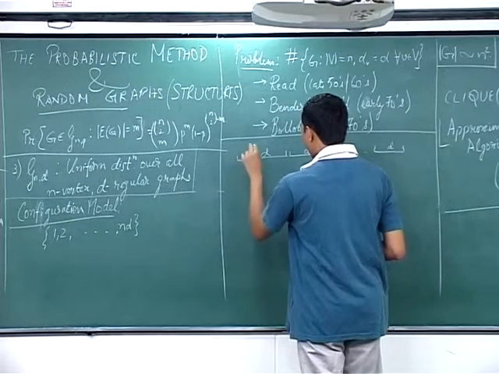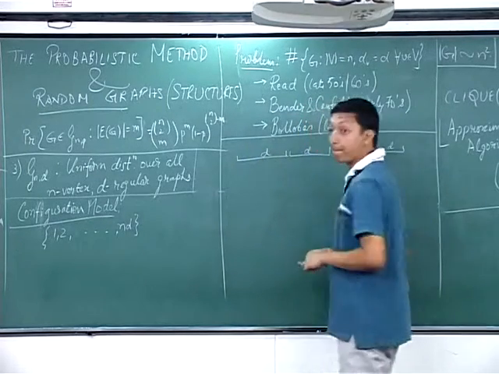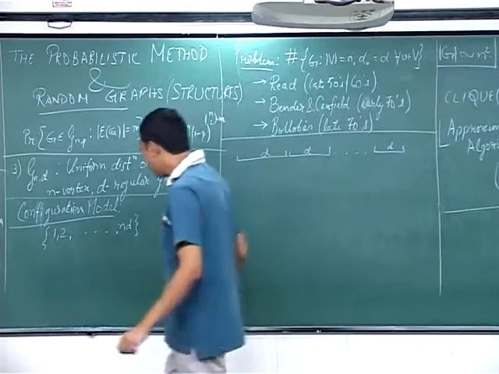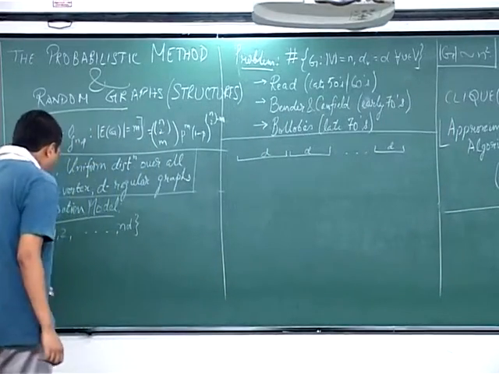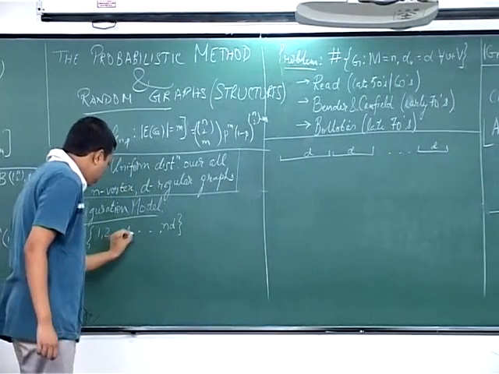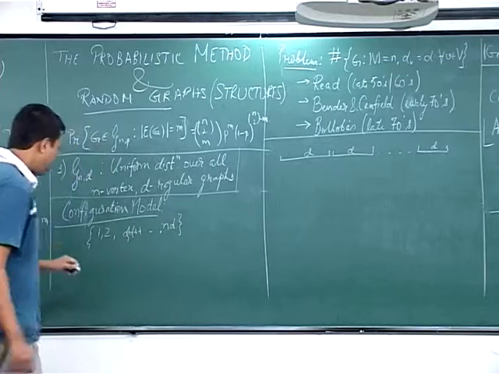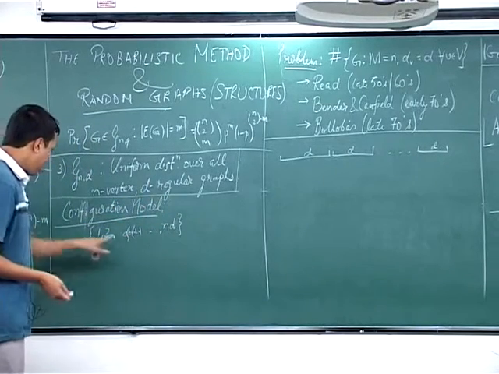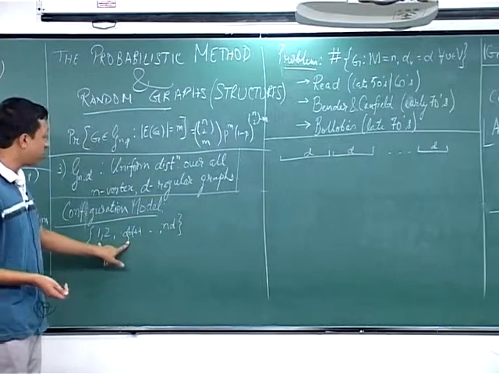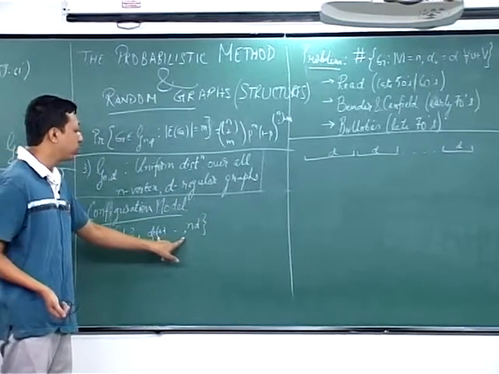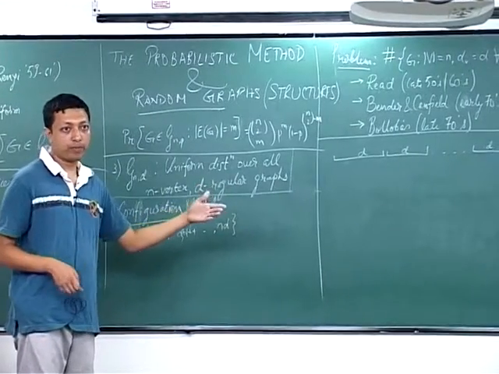Let me talk about it once again. I have elements like this: 1 to d, then d plus 1 to 2d, and so on. I say that these will be the half edges corresponding to vertex 1, d plus 1 to 2d corresponds to vertex 2, and so on.